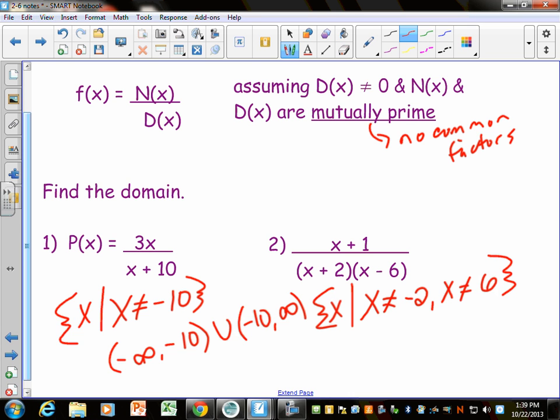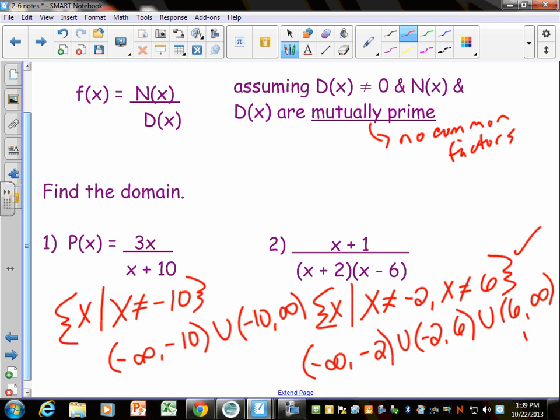Like if I started this, I would say negative infinity to negative 2, skip negative 2, and where would I stop? 6, and then skip 6, and go to infinity, right? Like that's kind of a pain to do. I'm okay with it though. Okay, it's your choice. This is okay, or this is okay. Like either answer is acceptable.